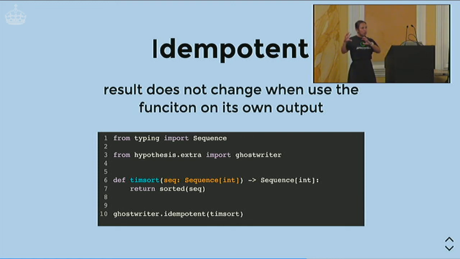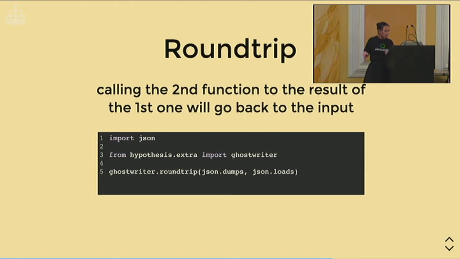It's checking whether you call sort once and call sort twice, are they different? If it's different, then something's wrong, right? Because you're supposed to finish the job the first time, and calling it a second time shouldn't change things. So this is an example here where you have a sort function. Then you can use the Ghostwriter to generate the test for you.